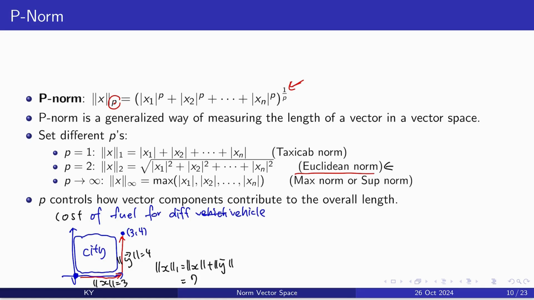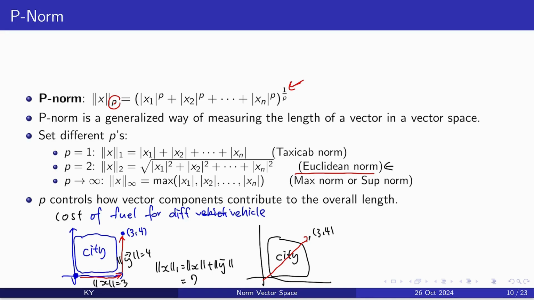But if I told you that we might have a different vehicle to transport your package to 3, 4, let's say we can use a helicopter. In that case, you don't have to move like a truck. You can just directly bypass the city to reach 3, 4.